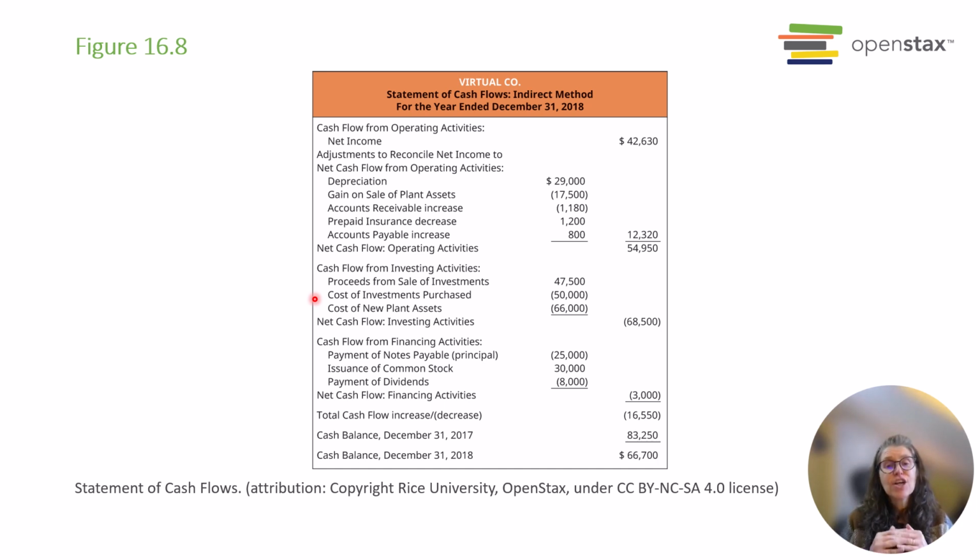Virtual had no non-cash exchanges in the investment section. So if there are none, we don't include it. And now I just add up that section: 47,500 minus 50,000 minus 66,000 means that the net cash flow from investing was actually net on the outside, $68,500.